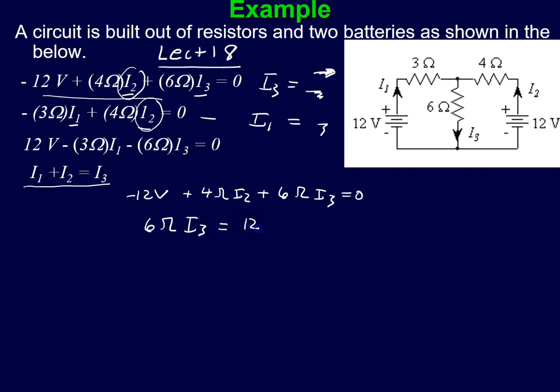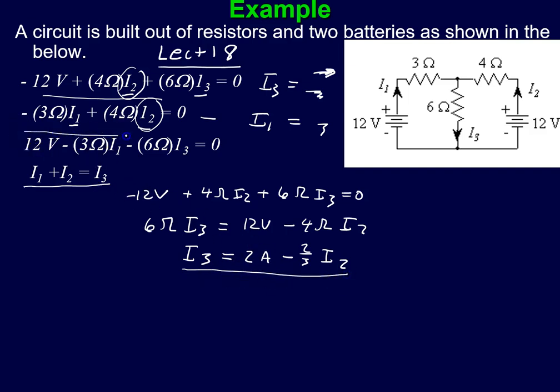So it'll be 12 volts minus 4 ohms I2. Now I'm going to divide everything by 6 ohms. 12 volts divided by 6 ohms is 2 amps, and then minus 4 over 6, which works out to be 2/3 I2. So as advertised, we have I3 in terms of the only unknown being I2. That's our first equation.